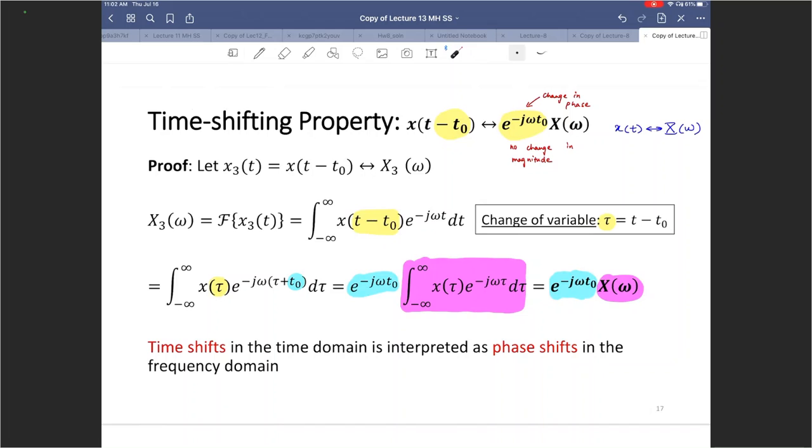Does that answer your question, Ryan? Okay, so you can also think of it in this way. Suppose you are trying to find the Fourier transform of me talking.